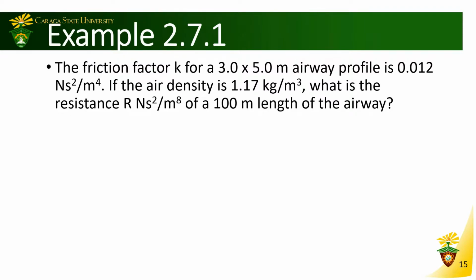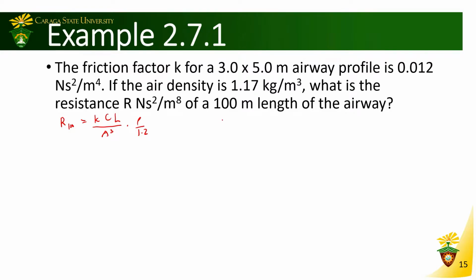Okay, so we know that our formula, Atkinson's equation, is R. For a 100-meter length, so this is R100, is equal to KCL over A cubed times rho over 1.2. Okay, so we need first to compute for A as well as C, the area and the perimeter.